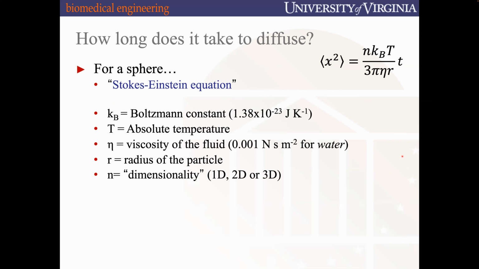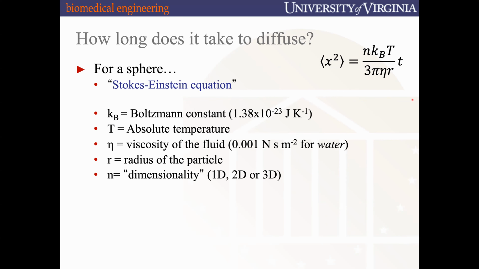We can model this in terms of random diffusion, the movement of particles due to Brownian motion, and the equation on the top right is how we would model this. You're not responsible for regurgitating this equation, but it's good to know some of the components that are integrated in it and what the driving forces are.